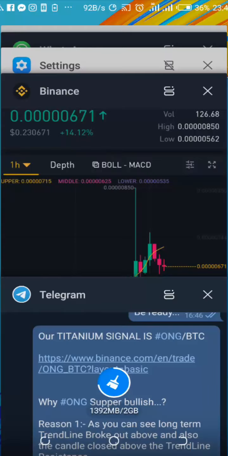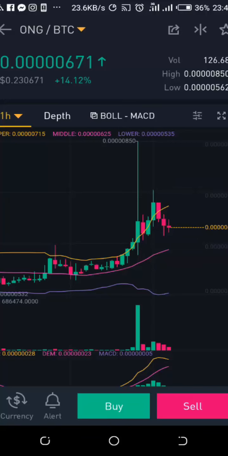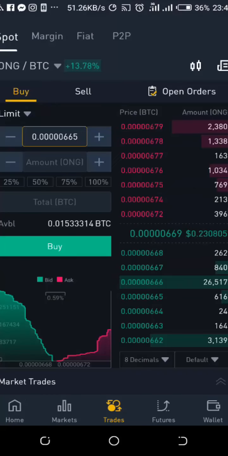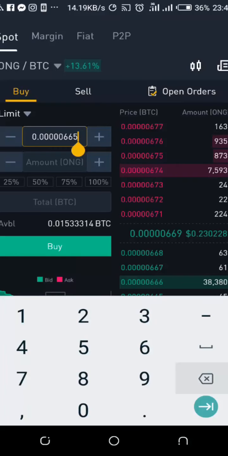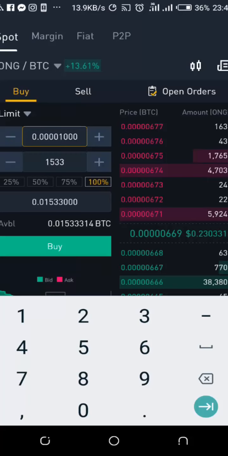So in case we did not monitor it very well and it gets to 1000 Satoshi, we can either decide to sell 100% of it, or we let it execute 50% and then we monitor the other one to reach probably that 2100 Satoshi to sell the remaining 50%.